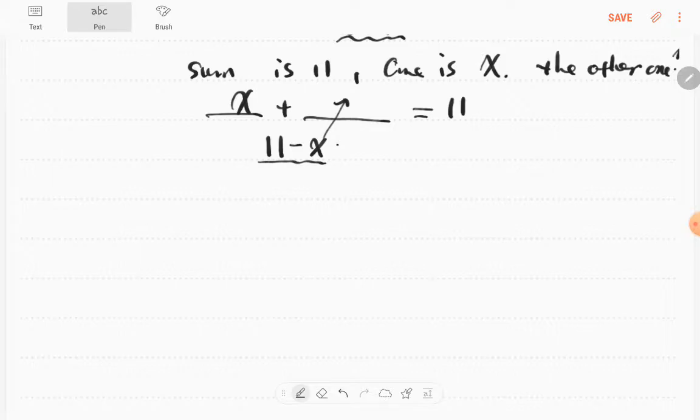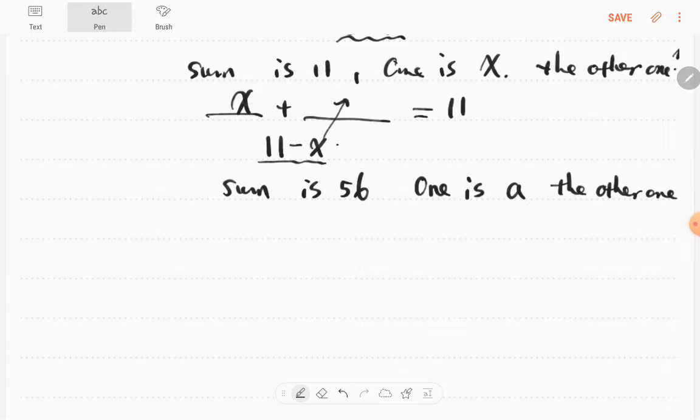So that's for 2.1. We can check another one. This time the sum is 56, one number is a, and the other one is unknown. So we can put the sum of two numbers is equal to 56, and one is a.